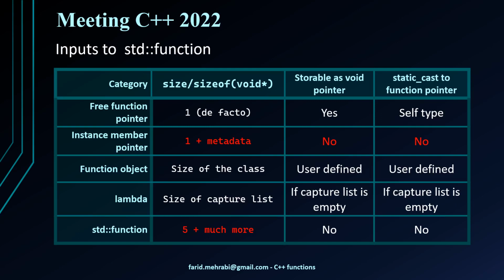There are design decisions behind this size, and we will explore some of the obvious ones in the upcoming slides. And again, this huge size is one of the reasons I hesitate to recommend std::function to new programmers, because the memory demands are generally too high.